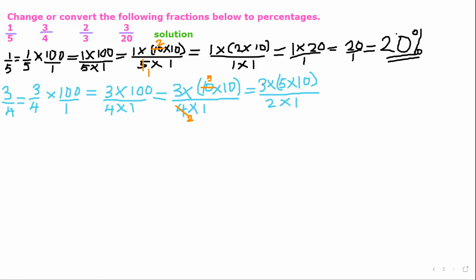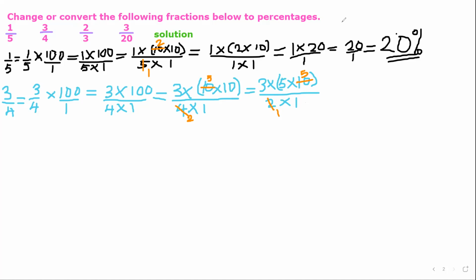You can never cancel the numerator against the numerator or the denominator against the denominator. The only thing that you can do is to cancel or reduce the numerator against the denominator. That's all. So the remaining 2 here, you can also cancel with the 10. So 2 goes here, 1, 2 cancels 10, 5.